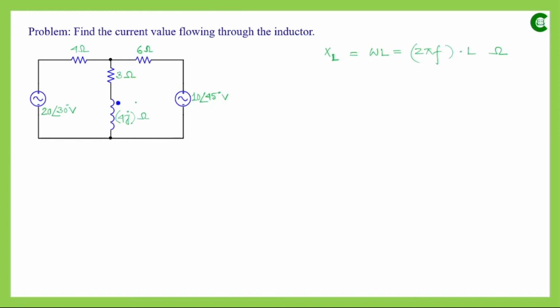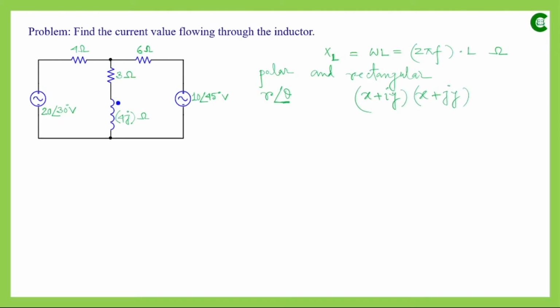In an AC circuit we have two types of representation: polar and Cartesian, or rectangular. In polar, the format is R with an angle theta. In rectangular, the format is x plus iy or x plus jy, whichever way we want to represent.